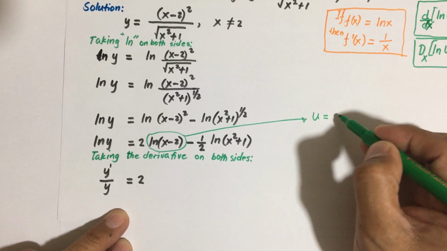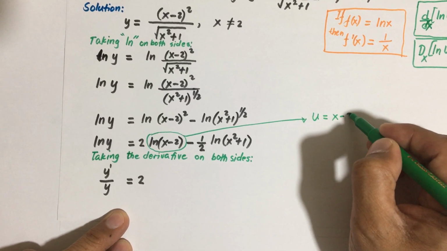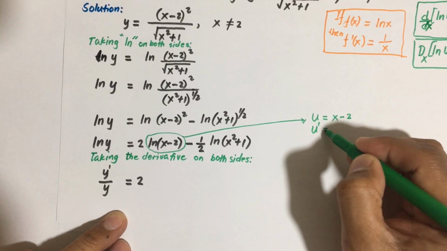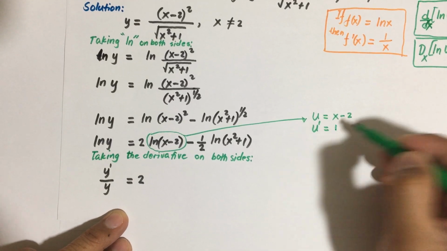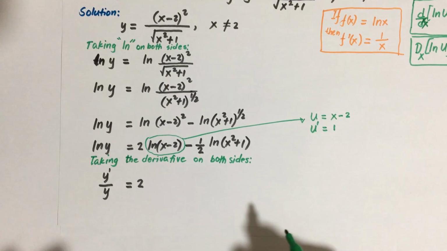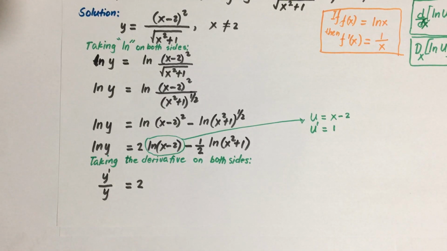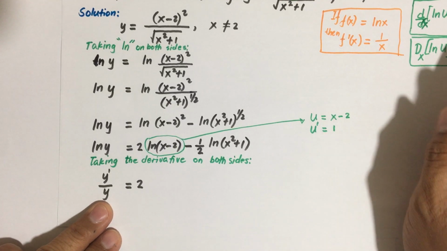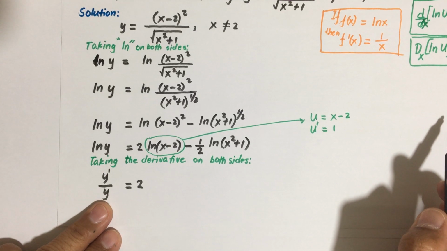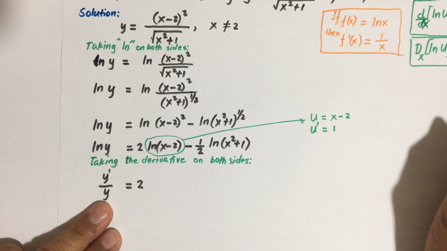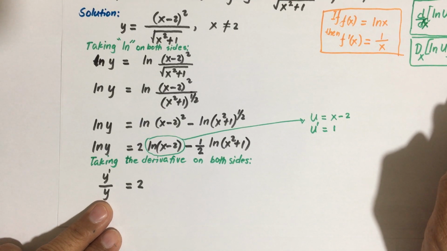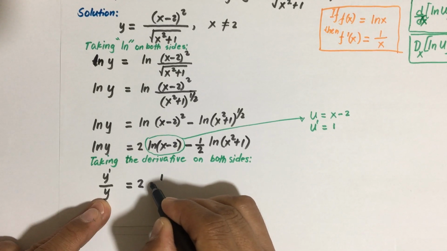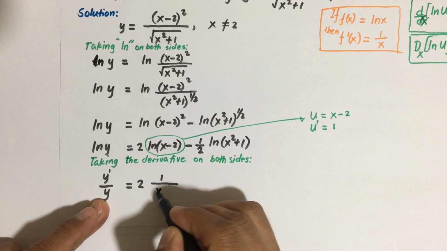Our u is x minus 2, and the u prime is the derivative of x minus 2, and the derivative of x is 1. So using the formula, this is equivalent to 2 times u prime over u, where u prime is 1 and u is x minus 2, so 1 divided by x minus 2.